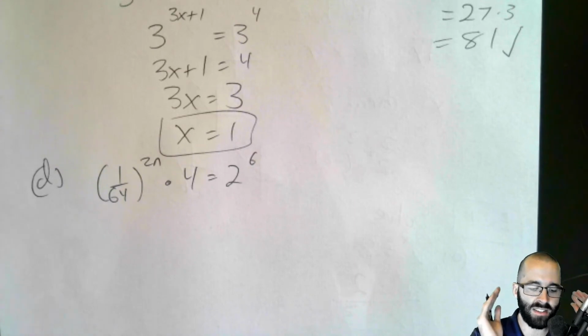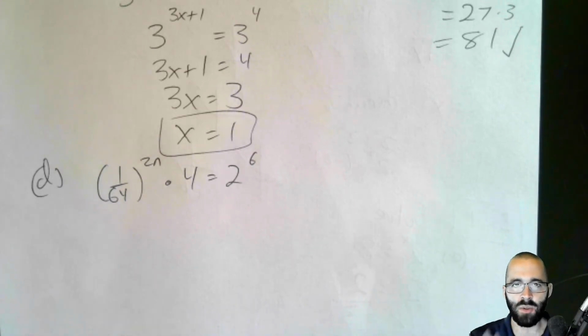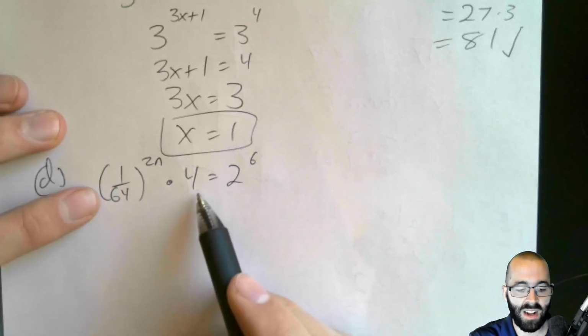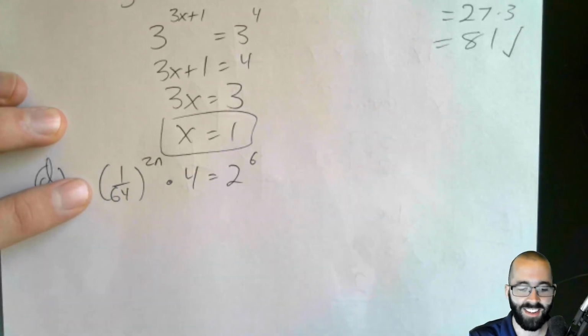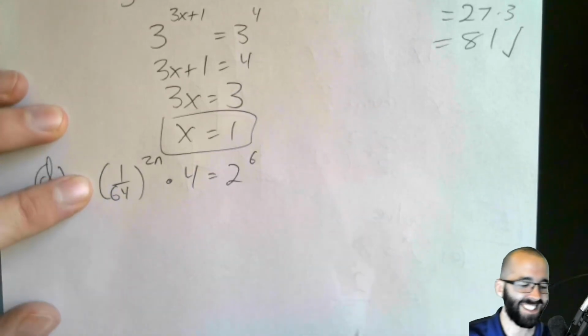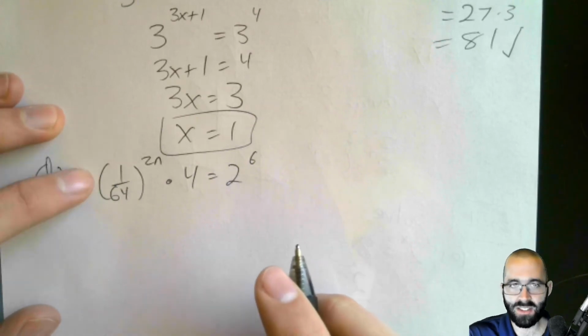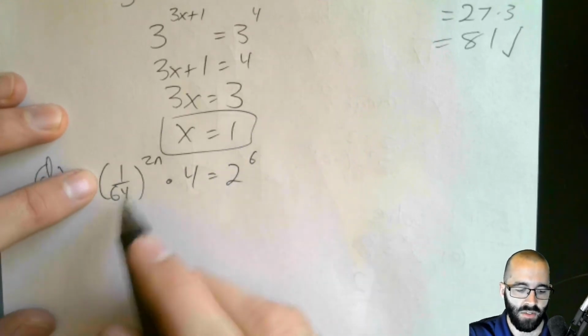We want to write this as an exponential equal to another exponential. The right-hand side's already done for us: 2 to the 6th power. We just need to write the left-hand side as 2 to some power. There's a couple steps to this.